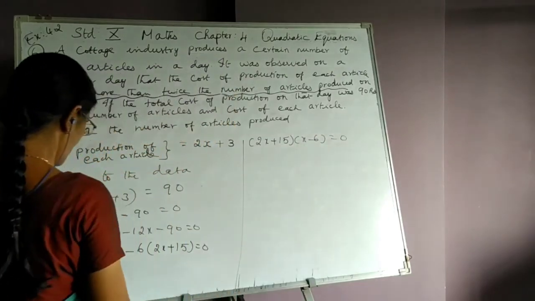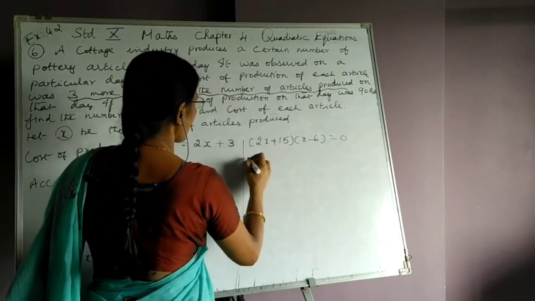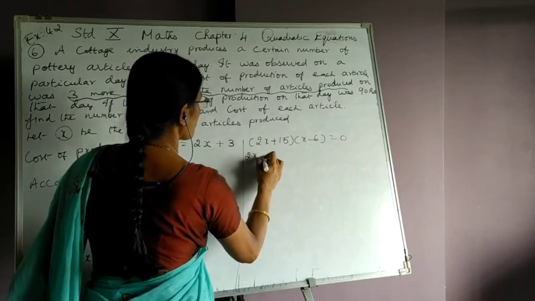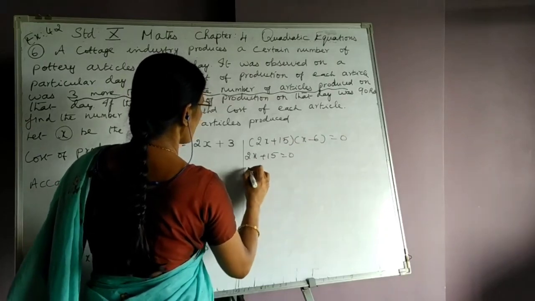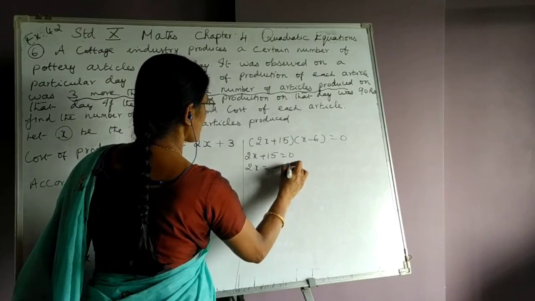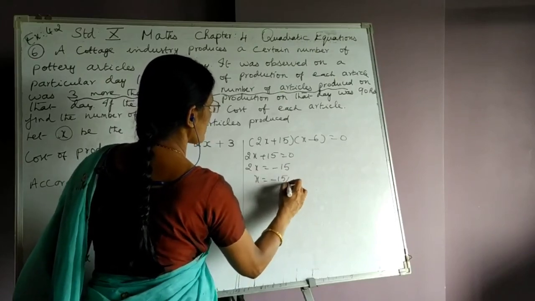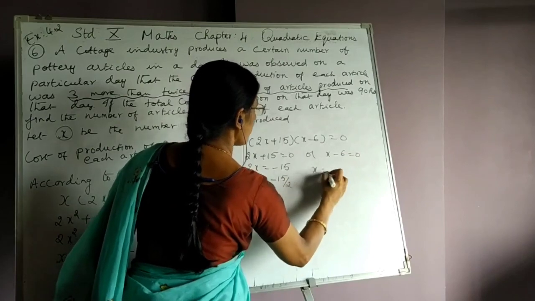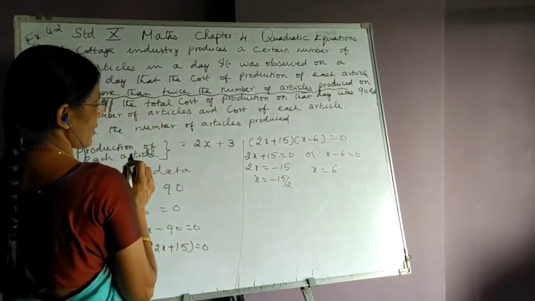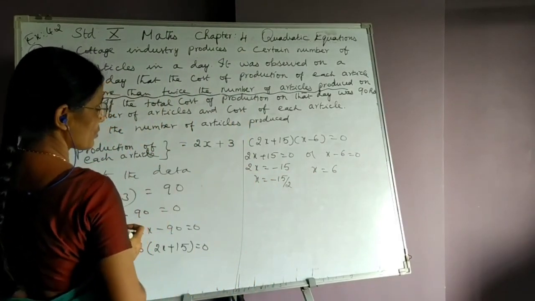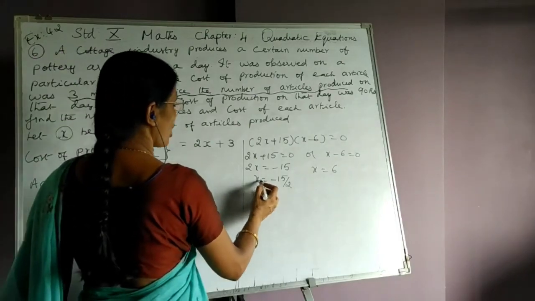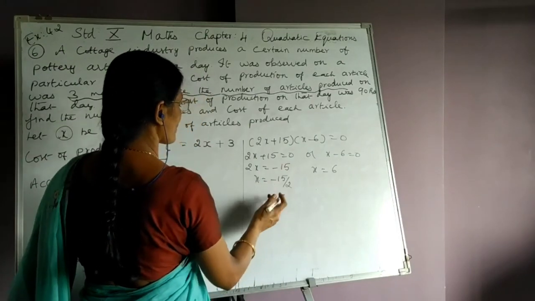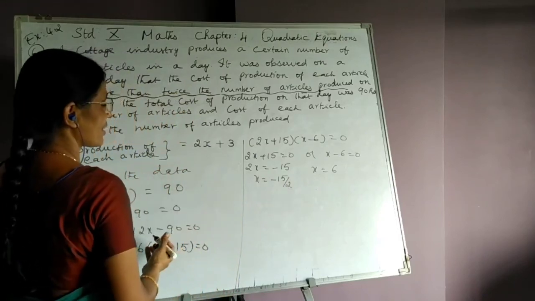Equating each factor to 0, we get 2x plus 15 equal to 0, 2x equal to minus 15, x is equal to minus 15 upon 2, or x minus 6 equal to 0, we get x equal to 6. x is the number of articles produced, so the number cannot be negative.